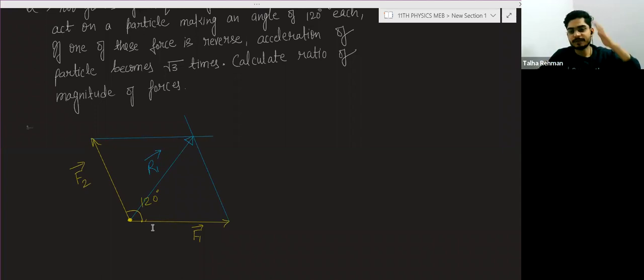Okay, I will take one example after this question, then you will need to do it. You can now assume that one force is acting like this and another force is acting like this. Both the forces are making an angle of 120 degrees. We have two options. Either we can match the tail of one vector to the tail of another vector, or the tail of one to the head of another.